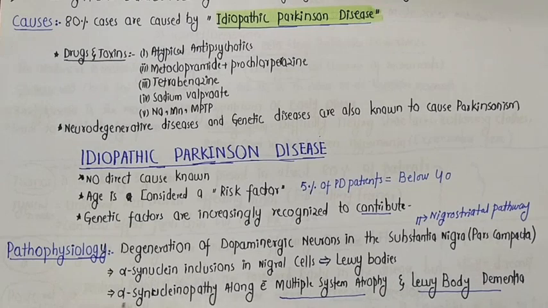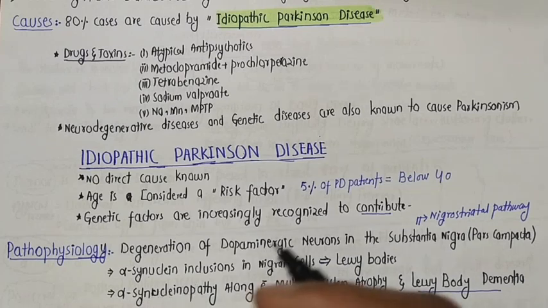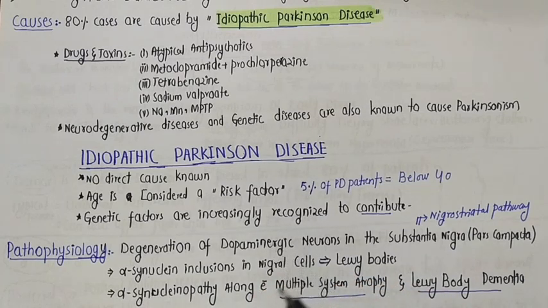Now, alpha-synucleinopathy is another concept. Alpha-synucleinopathy is a disease where the alpha-synuclein protein is known to play a role in the pathophysiology of the disease. Up till now, 3 diseases are known for which alpha-synuclein plays a role in the pathophysiology.